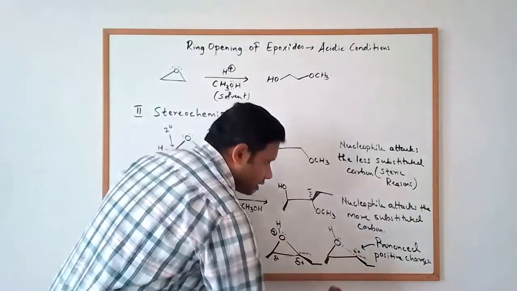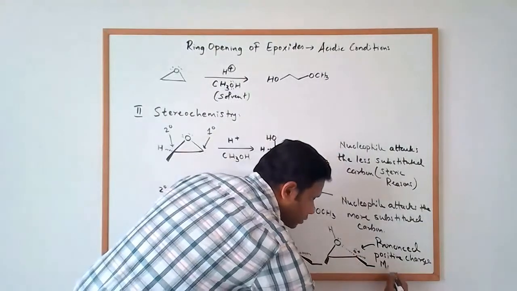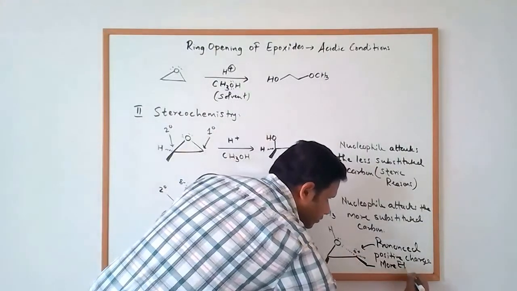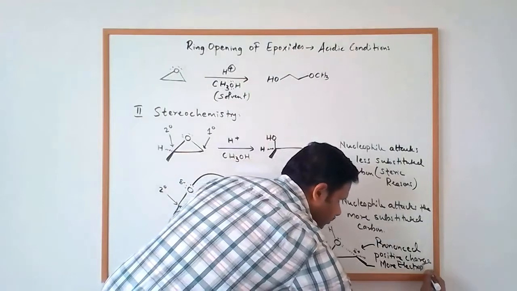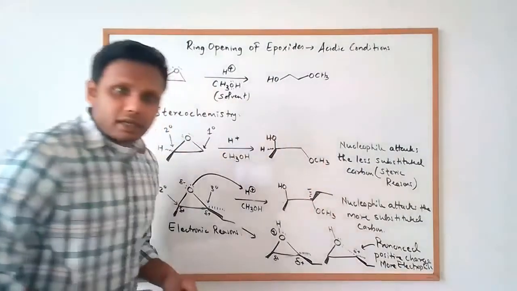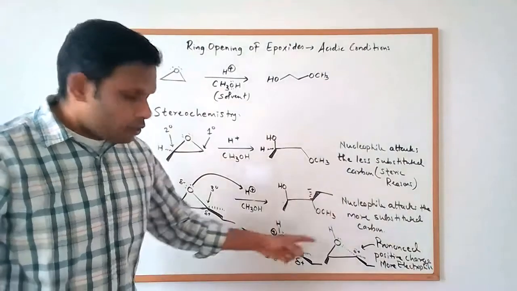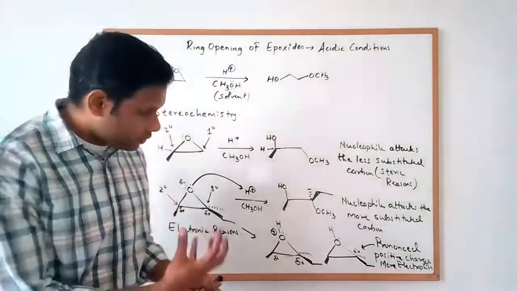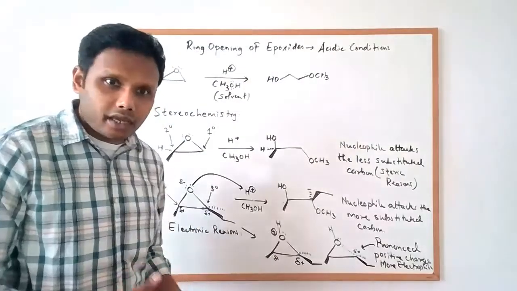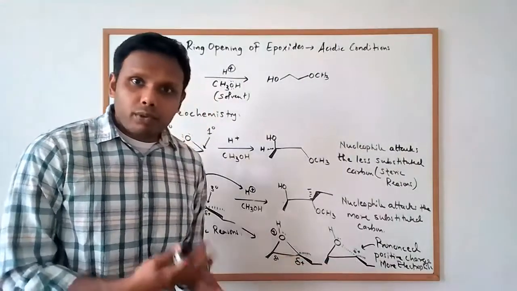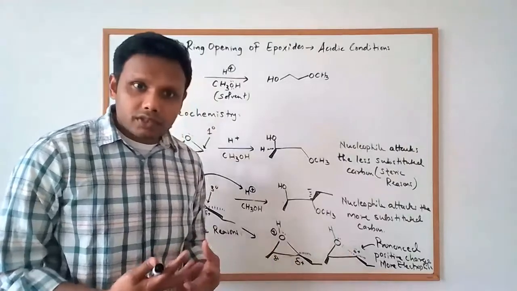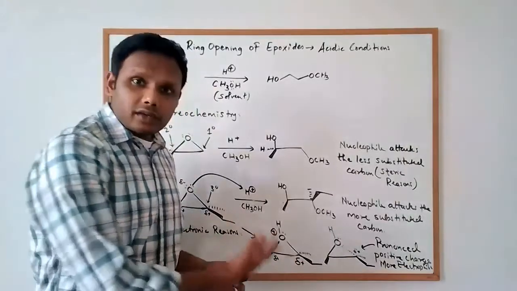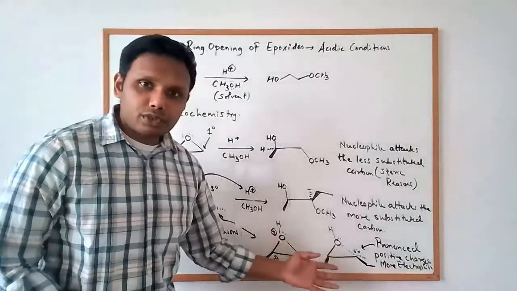So that carbon is more electrophilic. And because of that, the nucleophile attacks that carbon, because when the nucleophile is approaching to make that attack, it sees a bigger positive charge over there. So the nucleophile goes and attacks that more substituted carbon.